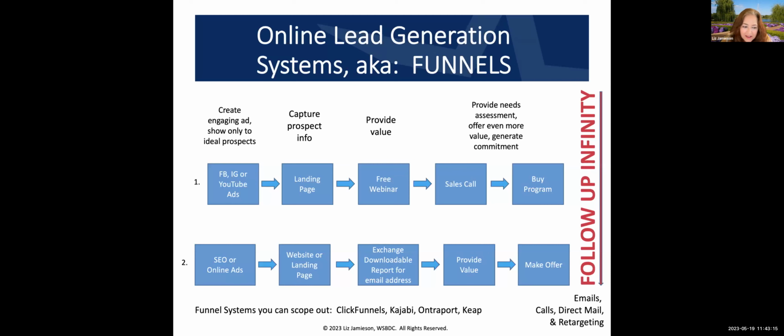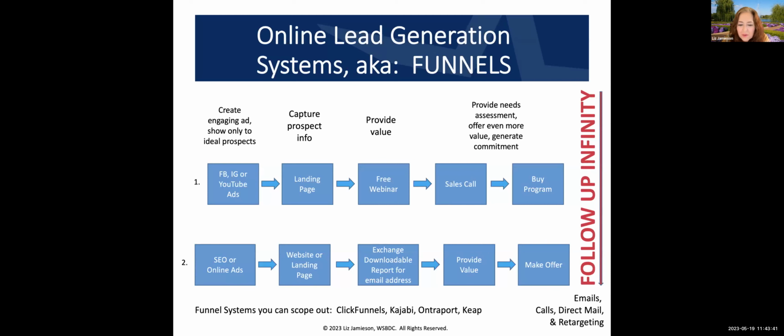So we might have an ad, let's say Facebook or Instagram ad or YouTube ad. And when someone clicks through on the ad, it goes over to our landing page, right, where we want to convert people. And let's say in this case, the conversion that we want is that they sign up for a free webinar, right? So if they come to my free webinar, I provide value, I build trust, I build rapport.